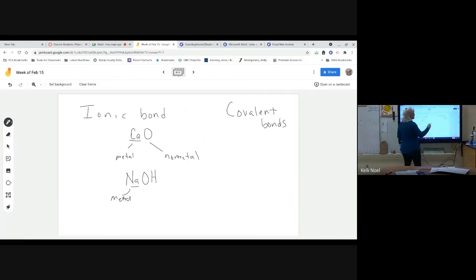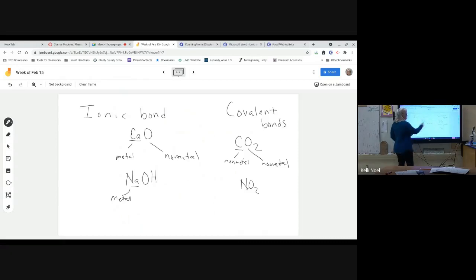So for covalent bonds, it would be like CO2, carbon is a nonmetal. Oxygen is a nonmetal. NO2, that would be a covalent bond. So if all of the capital letters are nonmetals, it's a covalent bond.